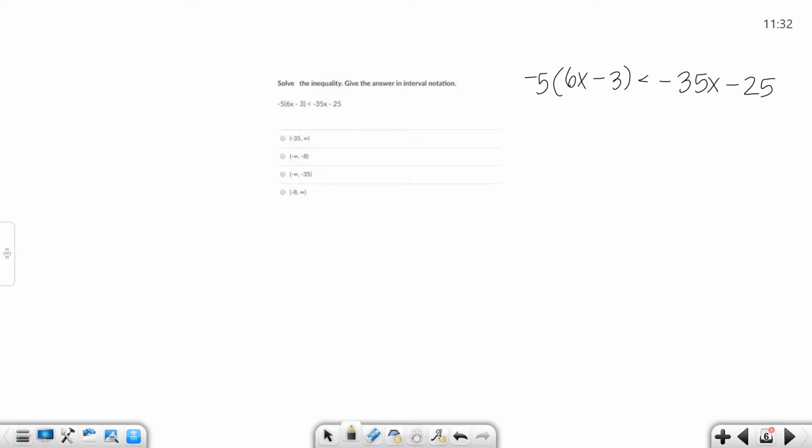In this section, we're talking about inequalities and solving inequalities in interval notation. What I want to refresh your memory on is, remember, if the symbol is one of these two, it's going to use parentheses. And if the inequality symbol is less than or equal to or greater than or equal to, it's going to use brackets.